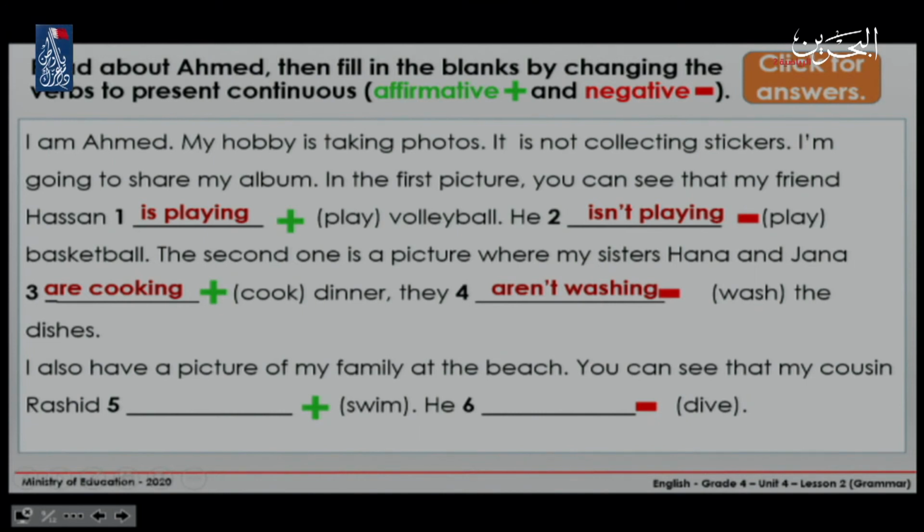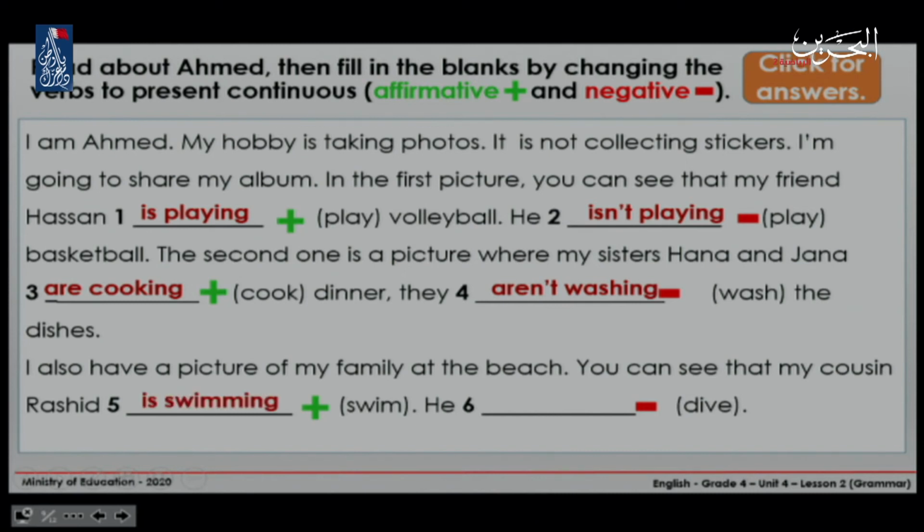I also have a picture of my family at the beach. You can see that my cousin Rashid, here you can see the verb swim, and you have to use the affirmative form. Remember, how do we change the verb swim to present continuous? What do we have? A vowel and then a consonant.